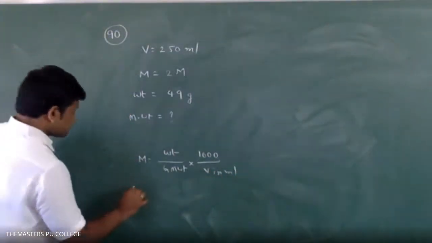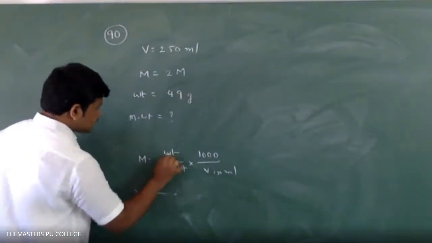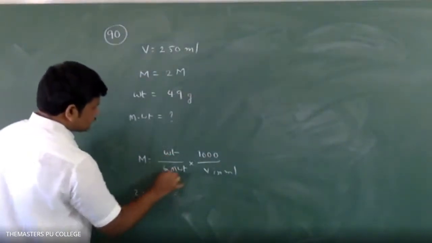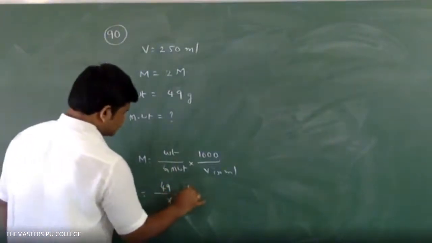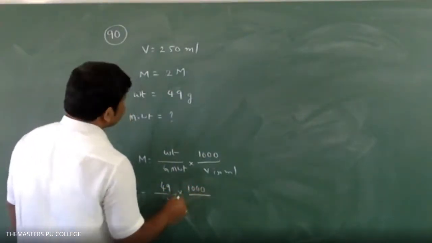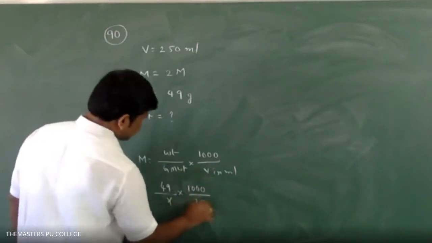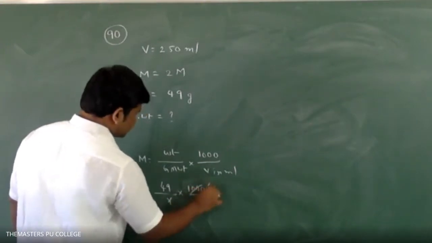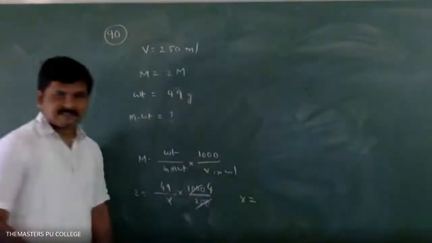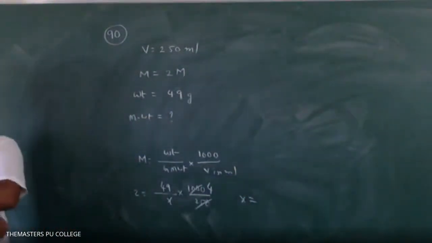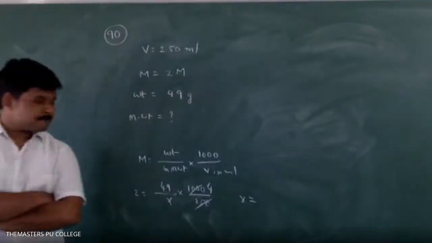So molarity 2 is equal to weight 49 by gram molecular weight, let us consider x, into 1000 divided by 250. So what is x? 98.